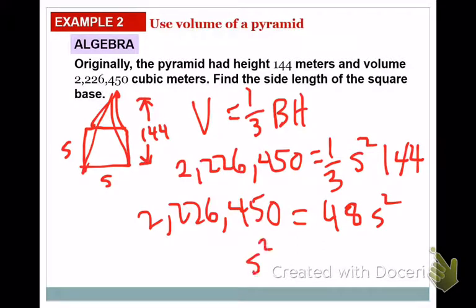What do you get? S squared equals what? 47,217.71. So then we do the square root of that, and that's going to give me S.